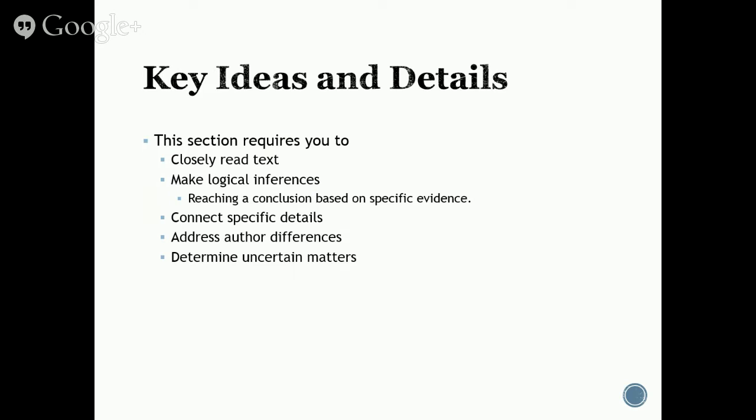You may be asked to connect specific ideas, address author differences, and determine something that maybe is speculated about or an uncertain matter. So this is kind of like where you're going to get your main idea, your author's purpose, your inferences when it has evidence behind it, in these types of questions.